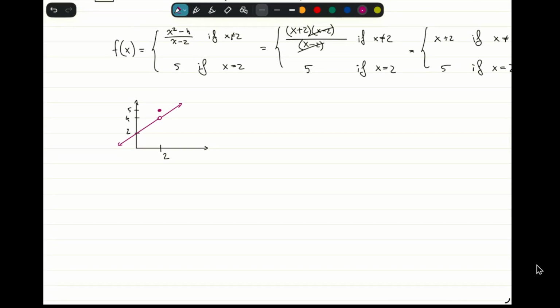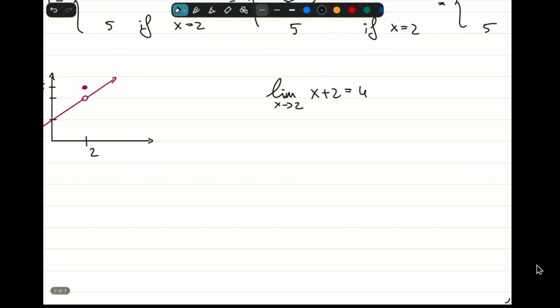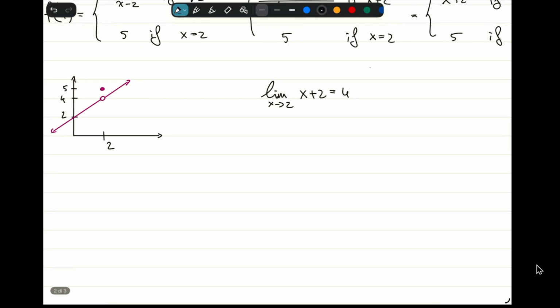There's not really much to do other than the fact that we can see that the limit as x approaches 2 of x plus 2 equals 4, which is what I was telling you. This is why we have a hole. But guess what? The f of 2 will be 5.